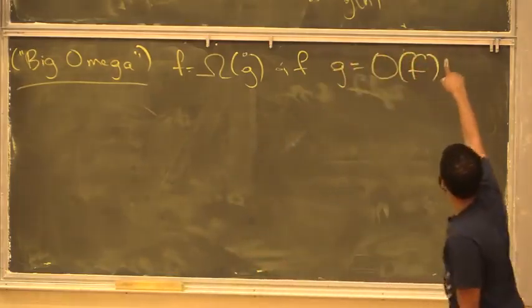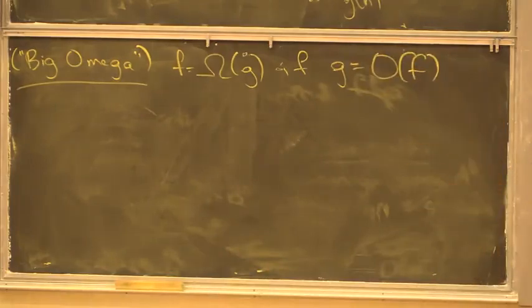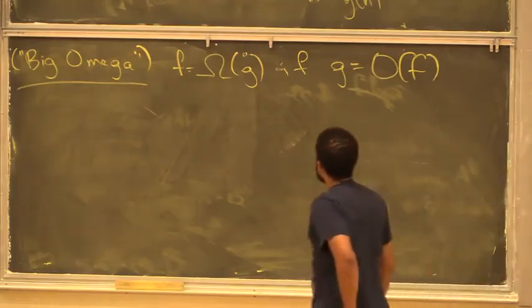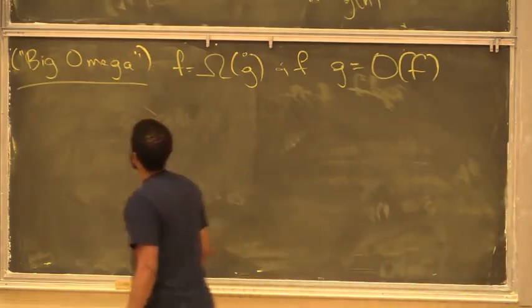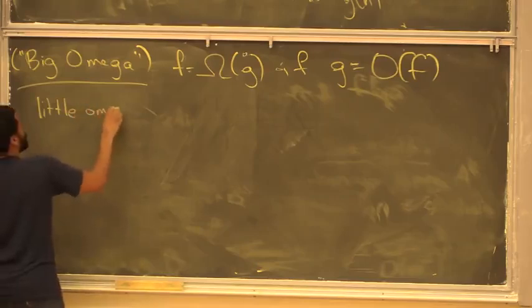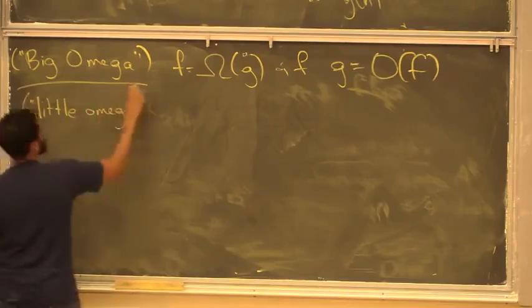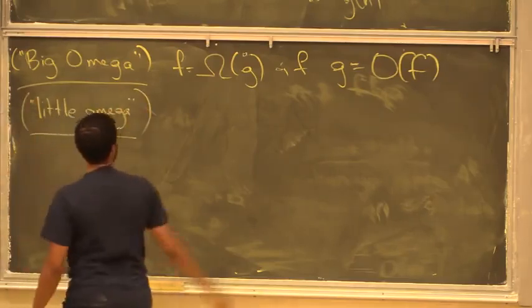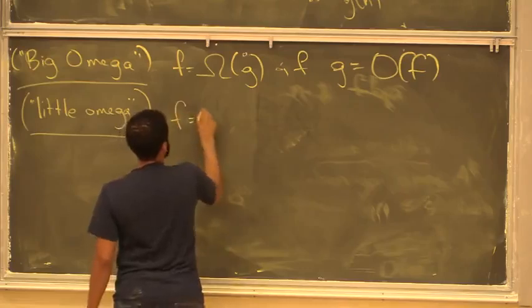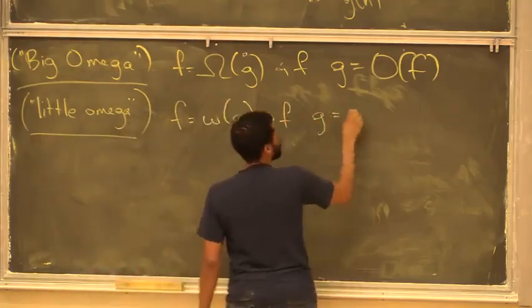So you can just replace that less than or equal to with greater than or equal to if you want. And then little omega: f is little omega of g if g is, again, little o of f.